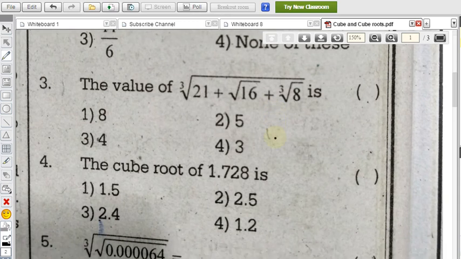The value of cube root of 21 plus root 16 plus cube root of 8. Let us solve one by one. First the cube root of 8 value is 2. And this is the square root of 16, that is 4.